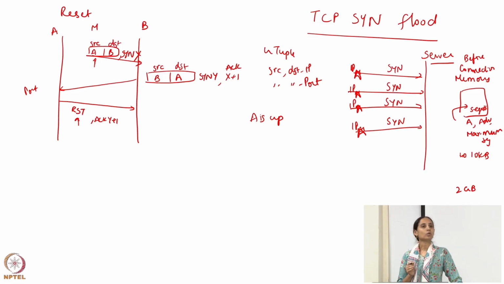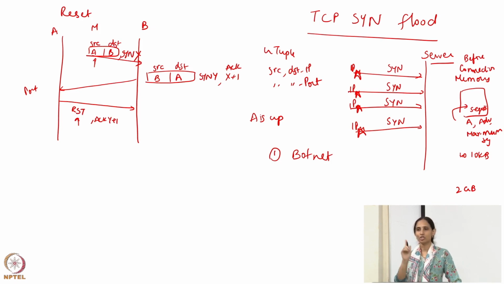So, whenever you want to launch the SYN flood attack, one option is you employ a botnet. A botnet is a set of compromised machines, where if you get hold of 10,000 compromised machines, you use their IP addresses.